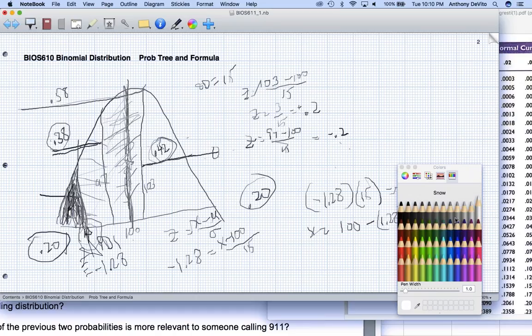You start with 80.8 and calculate the z-score, dividing the difference between that and the mean by 15, just the opposite of what you did before. It comes out to negative 1.28, and when you look it up, you'll find it represents an area of 10% to the left of that value. So there's a little curve that you might see on the exam as well.